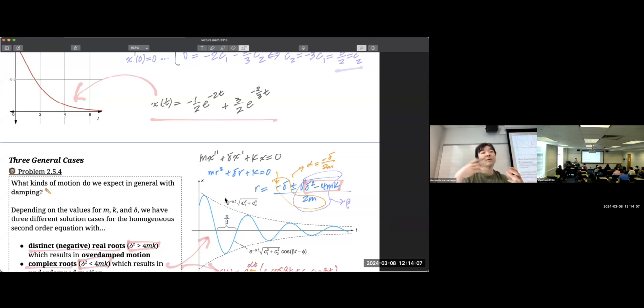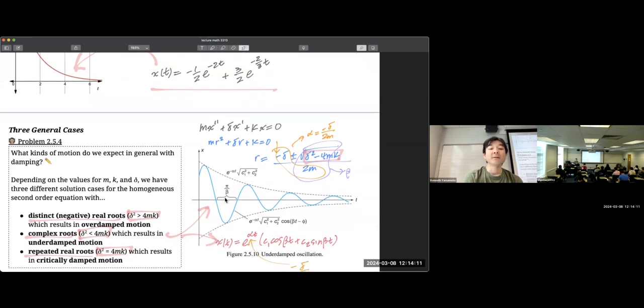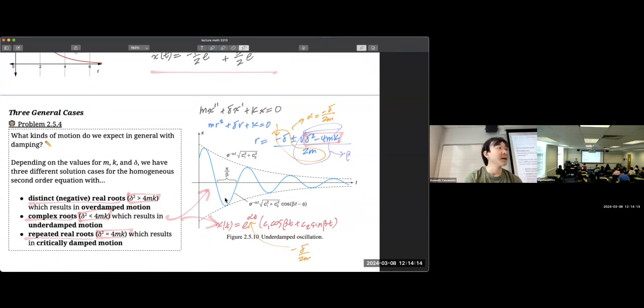This might be like if you were trying to engineer a system where you want it to return back to its natural state quickly, then you might create a spring that has a certain k, or a resistive force delta that has a certain damping, that will result in delta squared equal to 4mk, making this equal 0.